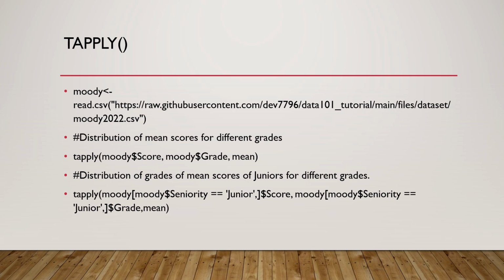Notice double equality here for the equal sign, and calculate for this subset different grades, different means of the score attribute for just juniors. So how do juniors do for different grades? What mean scores do they obtain?